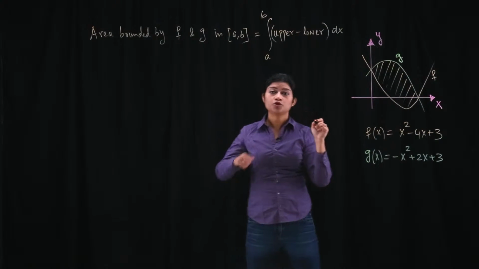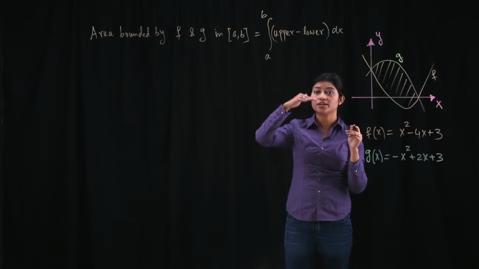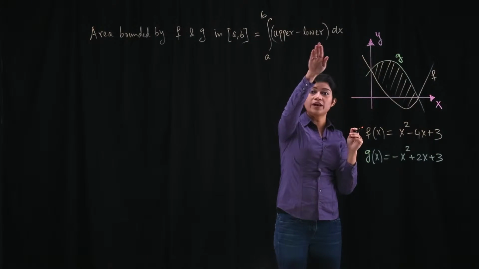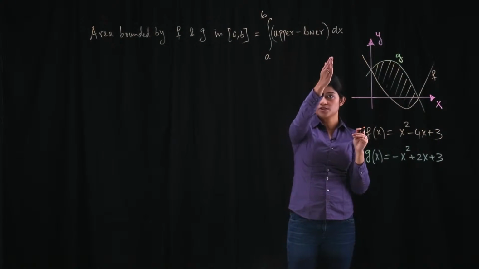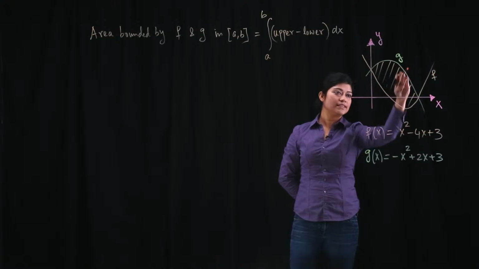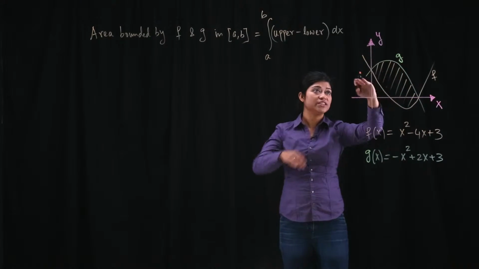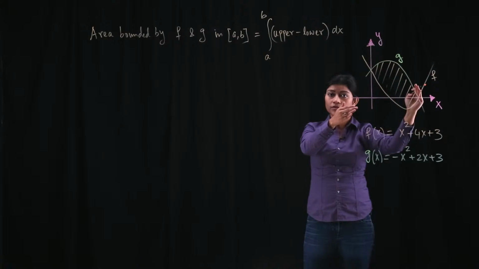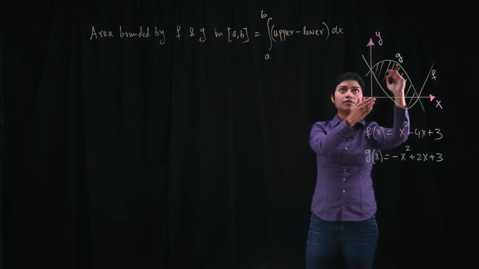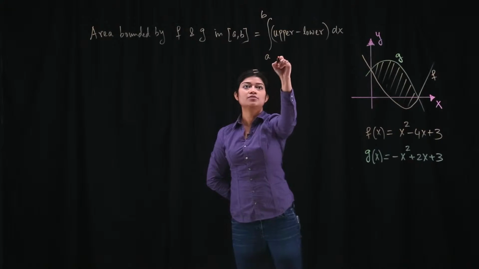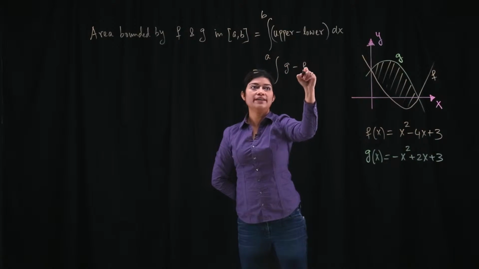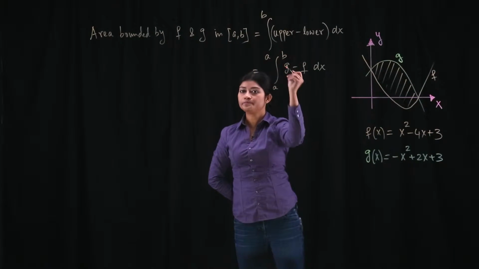So you have to choose what is the upper curve and what is the lower curve, and write it in this order, upper minus lower. In this particular case, the upper curve is g, which means g is bigger than f throughout this interval. So we will have g minus f from A to B.